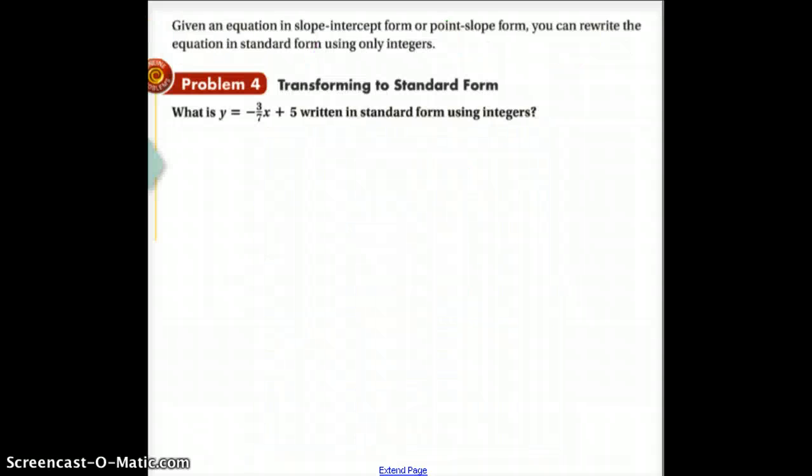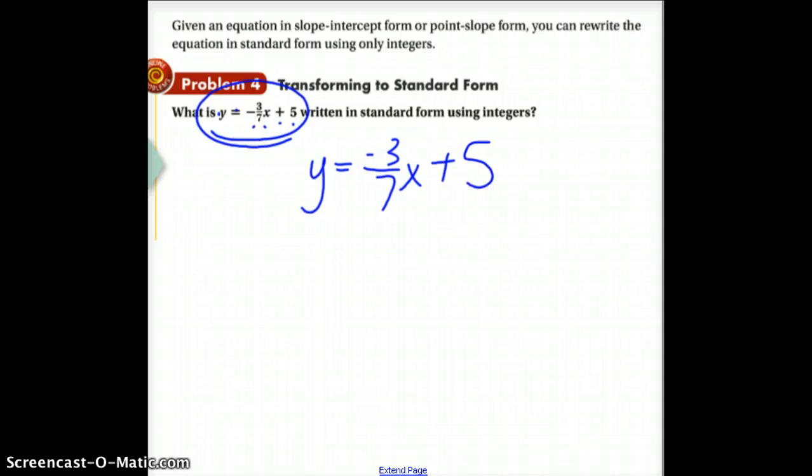Problem 4. We have an equation here written in y equals mx plus b: y equals slope times x plus our y-intercept. I'm going to rewrite it so it's bigger. We want to transfer this equation to standard form.